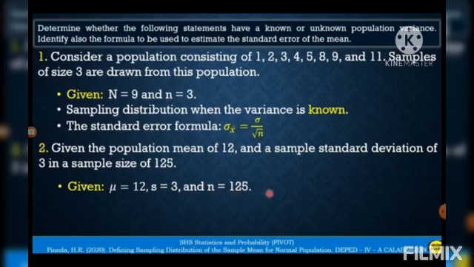So that is an example of unknown population variance. We find a sample standard deviation of 3 with a sample size of 125.